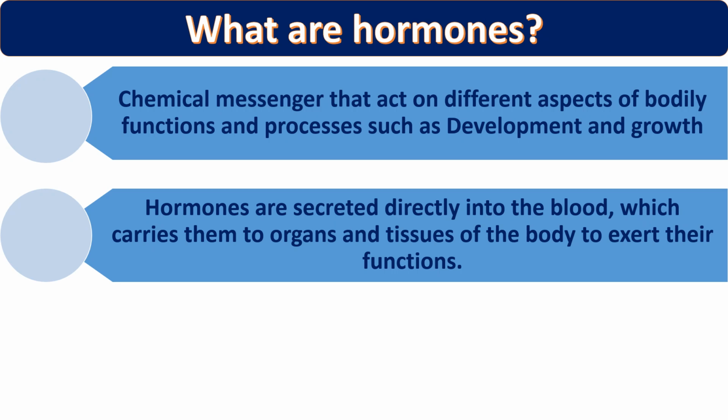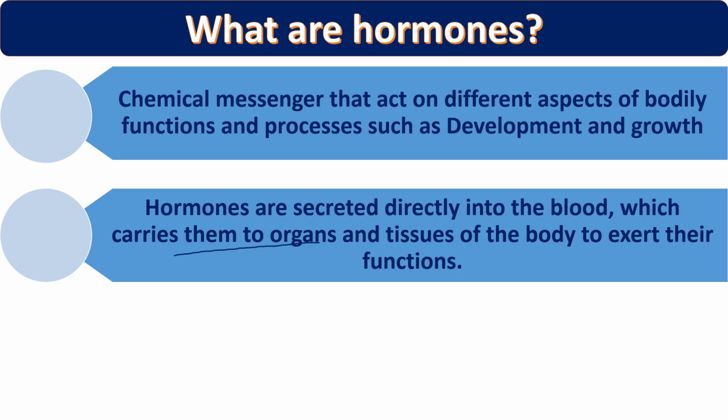These hormones are secreted directly into the blood. A system where secretions go directly into the blood is called the endocrine system. I will show you pictures of this later. Hormones are released directly into the blood, which carries them to the target organ or target tissue where they exert their functions.